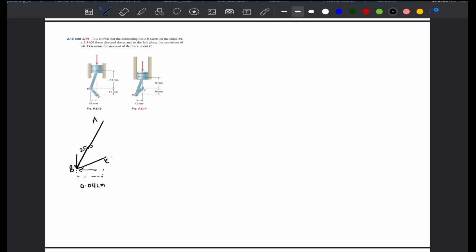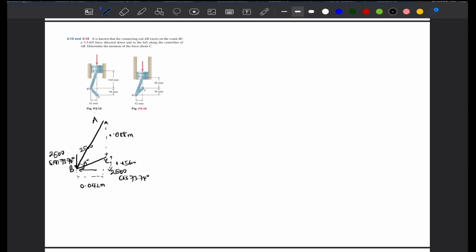And here is 0.056 meter. And here is 0.088 meter. So since we have calculated our theta before, we can write that as 25 sine 73.74 degrees, 25 cos 73.74 degrees.